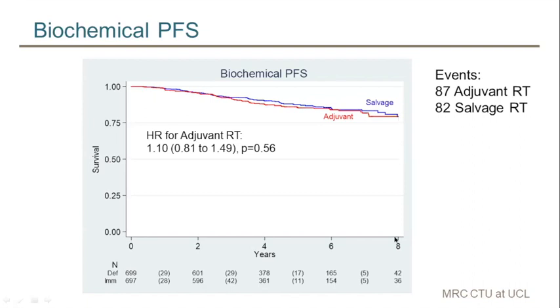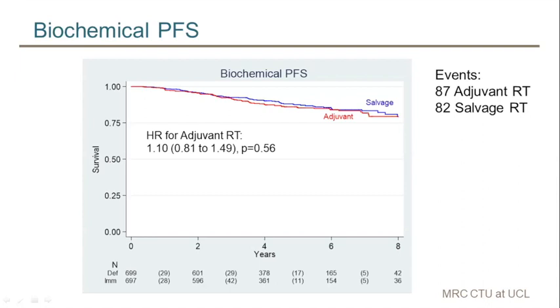But this number, so over 80%, are still in remission. So 80% of the patients who went into this trial were still in remission 8 years on, and that's whether or not they got the radiotherapy straight away or whether they got radiotherapy when the PSA started to rise. And that's the key message.